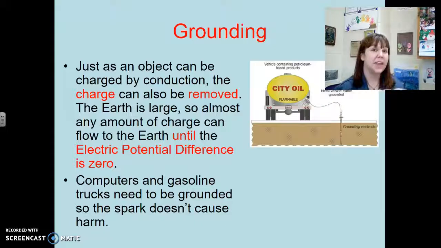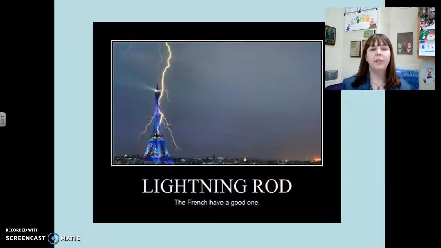It can either be safe, like in the case of this oil tanker that's filling up a gas station, and so it attached the hook to the ground and allowed those extra charges to flow out gently. Or it can be a little bit more violent, like lightning. So whether or not it's violent or safe, your grounding is still going to take that extra potential difference and remove it from our system.